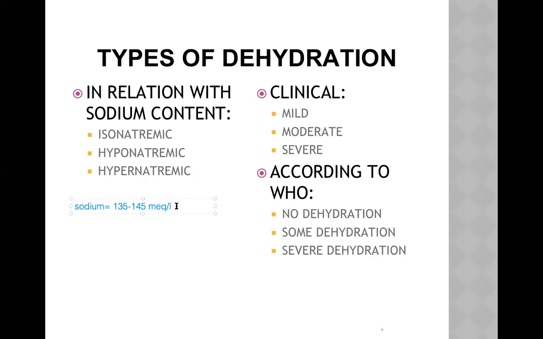If both are lost equally, the dehydration is isonatremic. If we are losing more sodium than water, the dehydration is hyponatremic. And if we are losing more water than sodium, that means sodium is relatively more in the blood than the water, so it will become hypernatremic dehydration. So you understand like this. Okay, so this is one of the classifications.